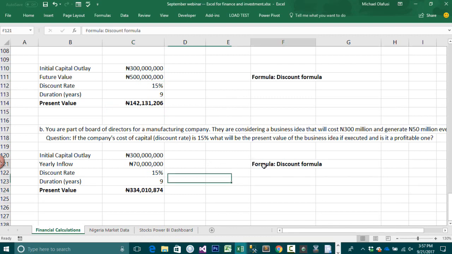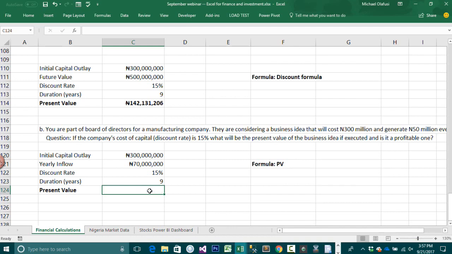For this one, actually, you will have to use the formula called PV. So you use a formula called PV, and let's see how it works. You have the initial capital outlay of 300 million naira, yearly inflow, it will be generating for you 70 million naira cash flow, and then again the discount rate of 15%, duration of 9 years.